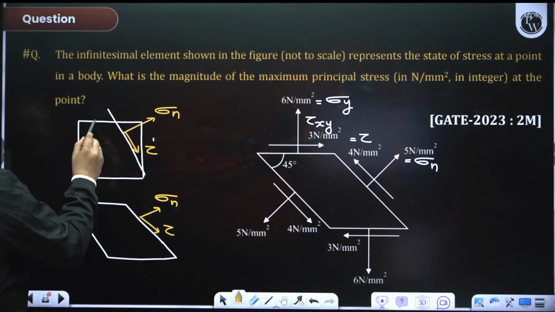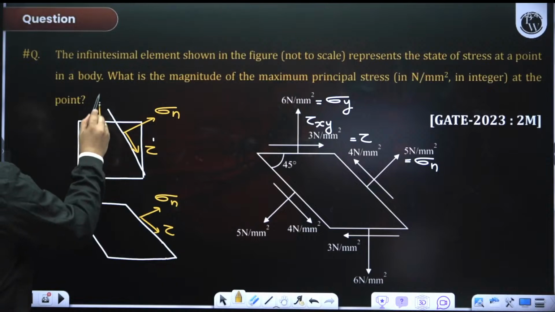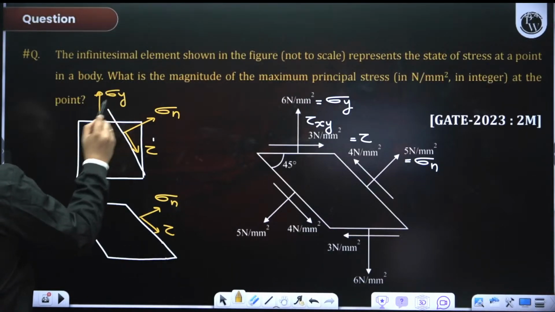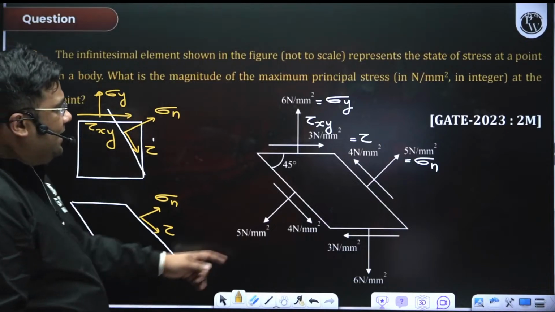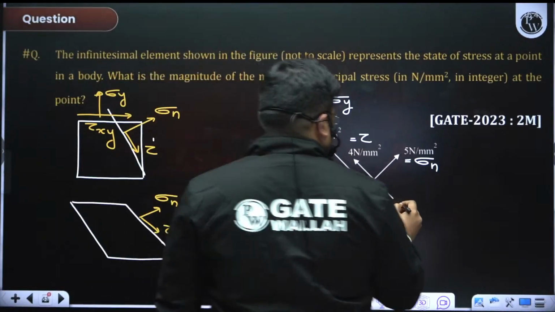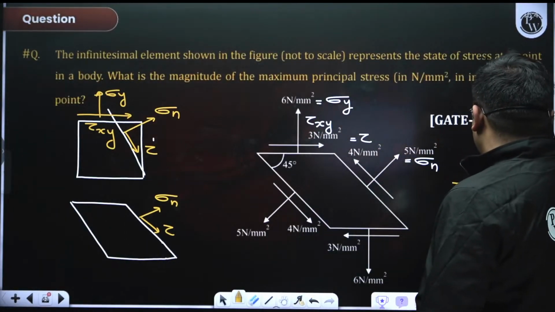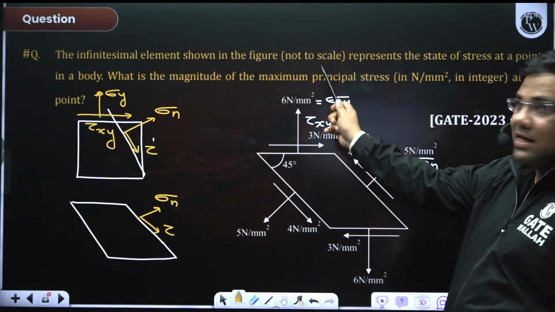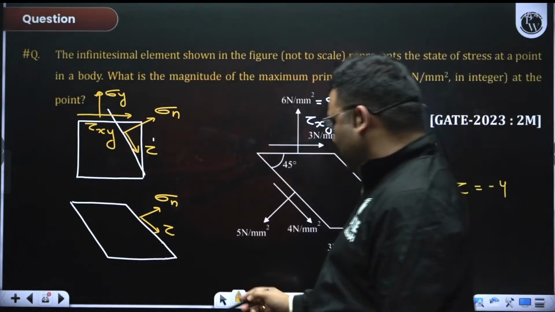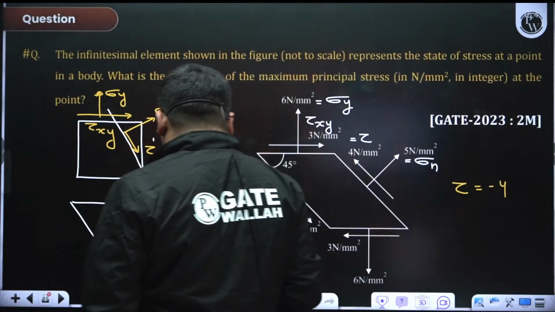So this stress is sigma y, and this stress is what? Tau xy. So indirectly sigma y is 5 and this shear stress is acting upward, so shear stress is -4. They have asked for maximum principal stress.